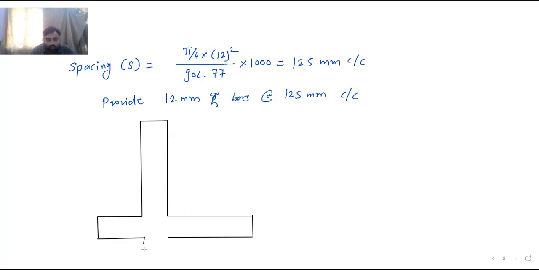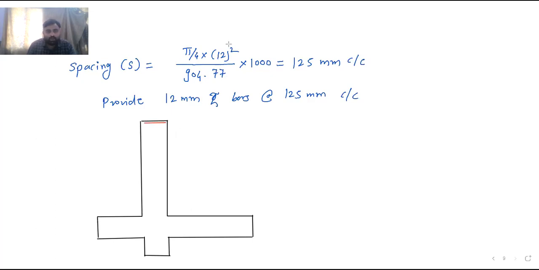So here is the shear key. This below portion, the increased depth we have put for the shear key, is 300 mm. We have given this for the shear. Now we know the dimensions already, so we will directly go to the reinforcement details. The first bar, that is the main bar in the stem, will start from this end.